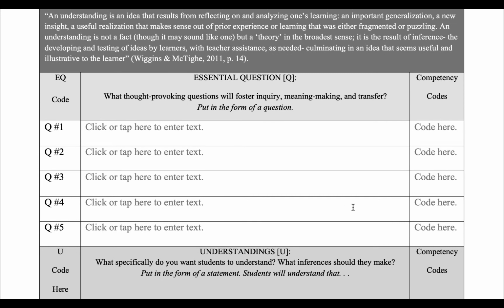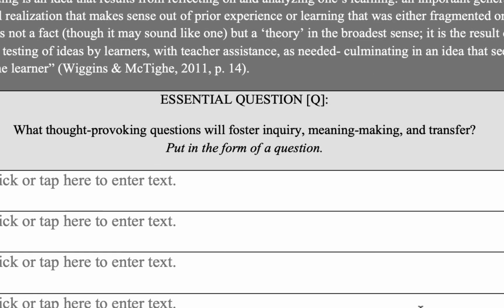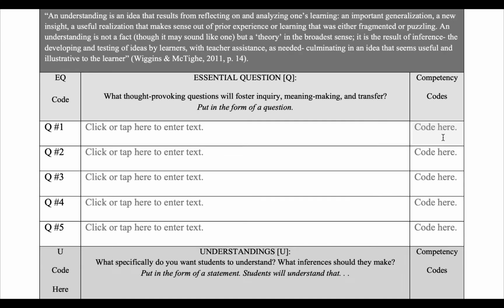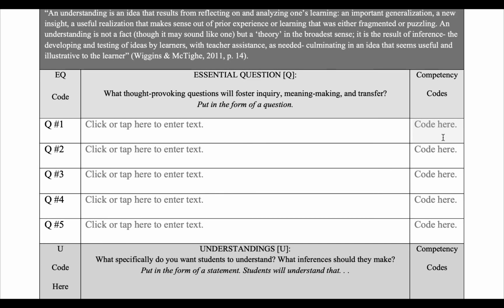Essential questions should be big, open-ended questions that can be explored and discussed and should not have simple right or wrong answers. These are big picture questions that require a lot of thinking and exploring. Again, we're going to link these questions back to the competencies that we landed on above.